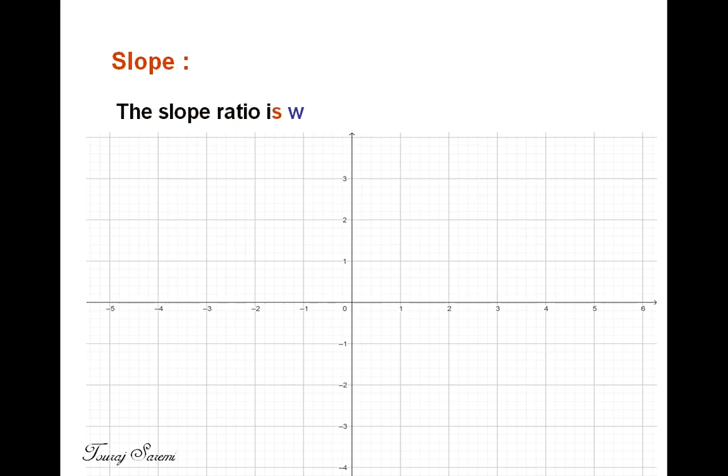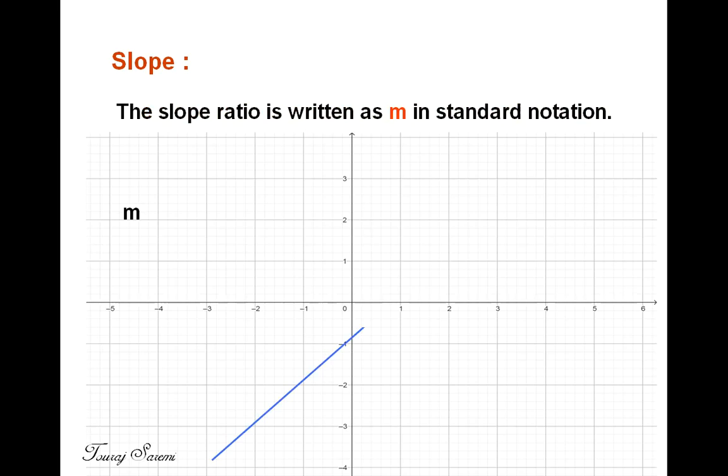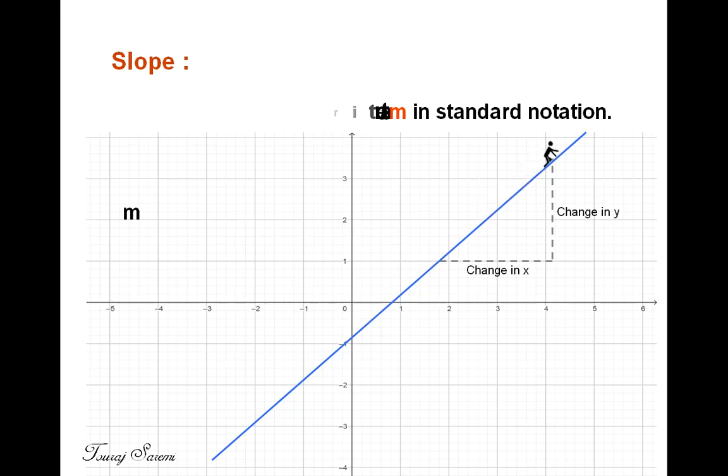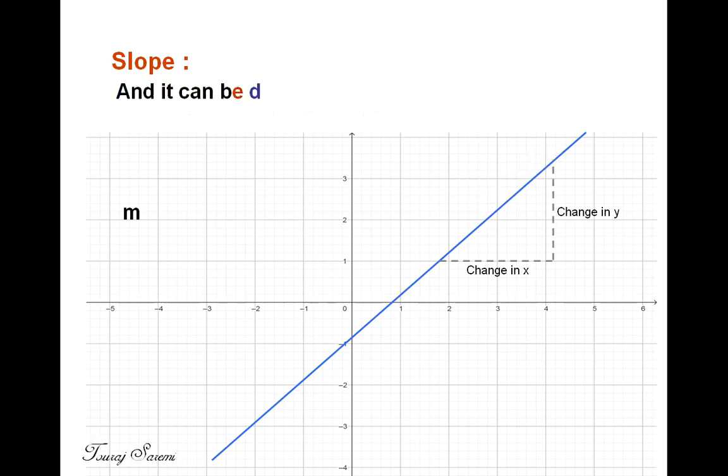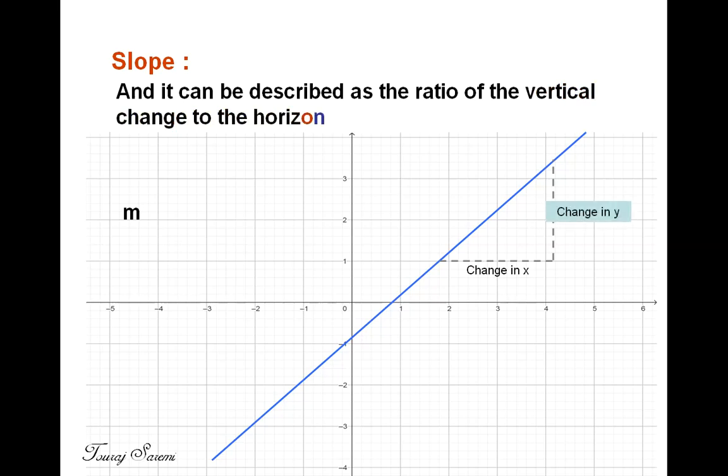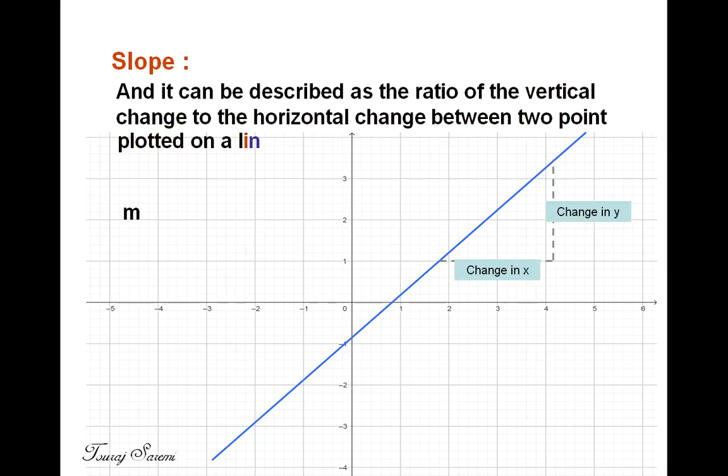The slope ratio is written as m in standard notation, and it can be described as the ratio of the vertical change to the horizontal change between two points plotted on a line.